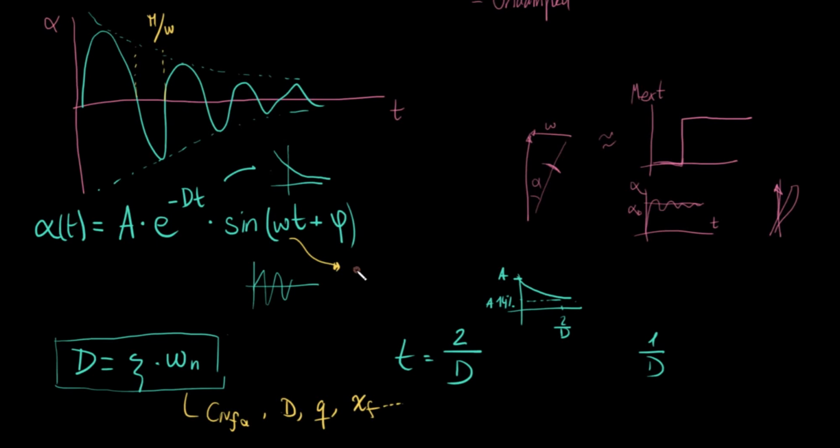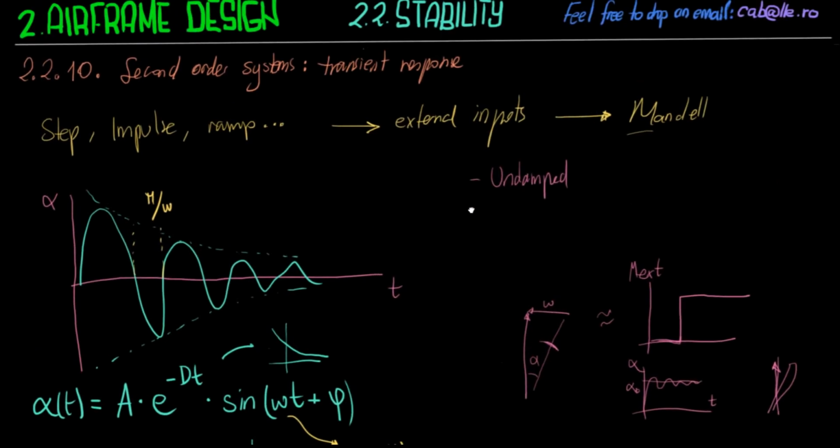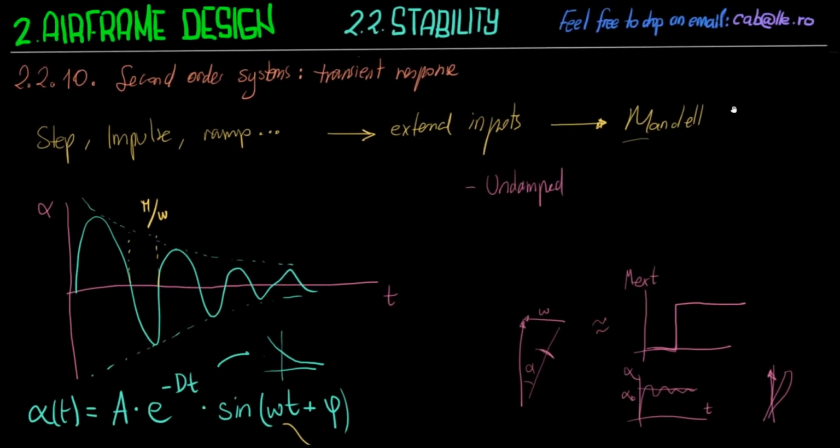For very undamped systems, which is our case, the angular frequency is going to be practically the natural frequency of a system. So in the next video, I'm going to discuss the steady response. So yeah, this is just an overview of the transient response.